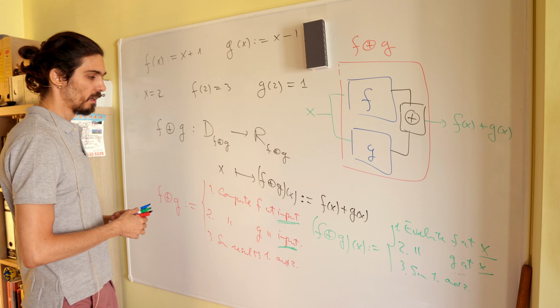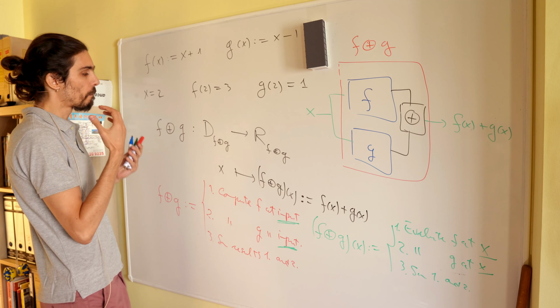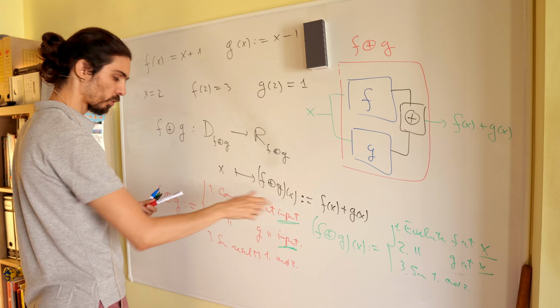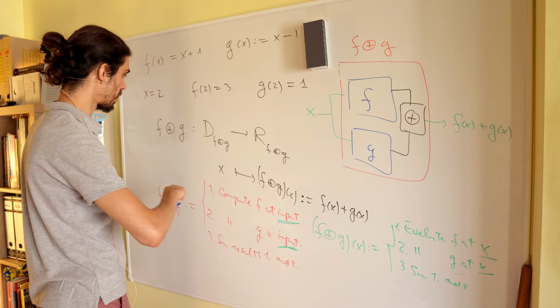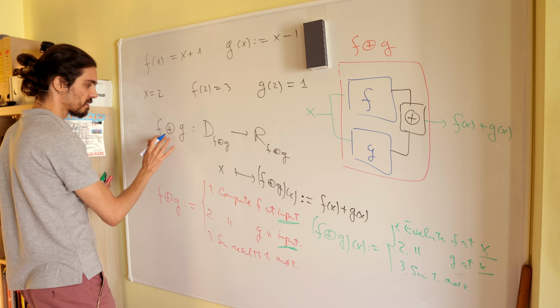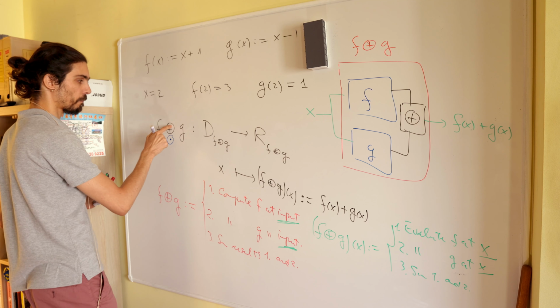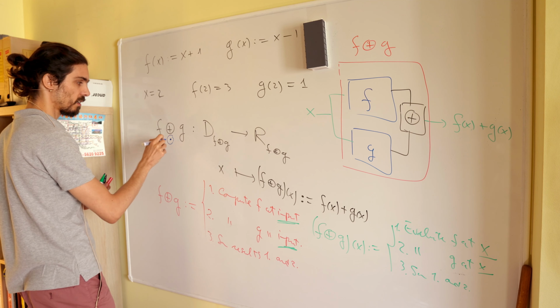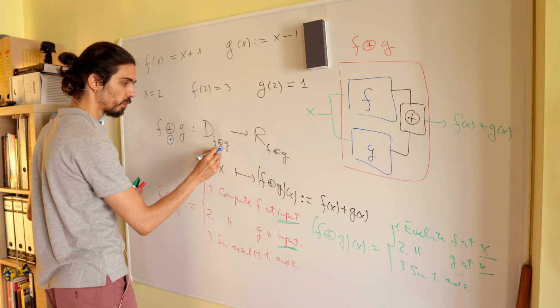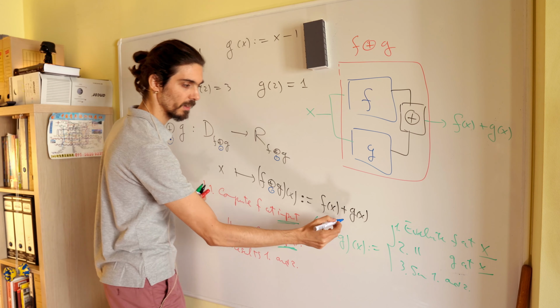Now, what can we say about the product, the division or subtraction? Well, it's very similar to this. So I'm not going to write it anew. Let me just fix this. If it's a product, instead of plus, we write a dot.